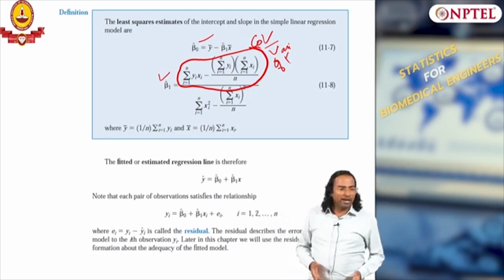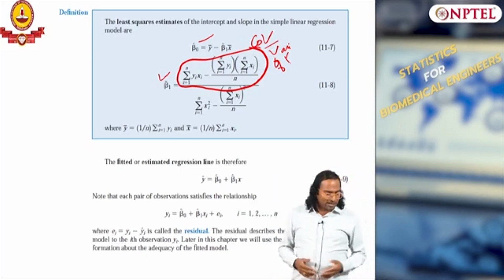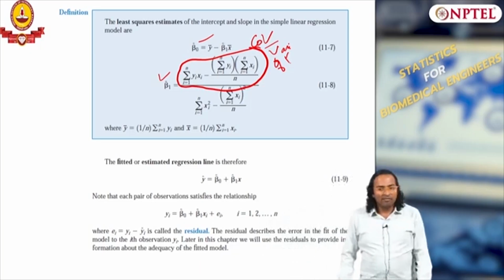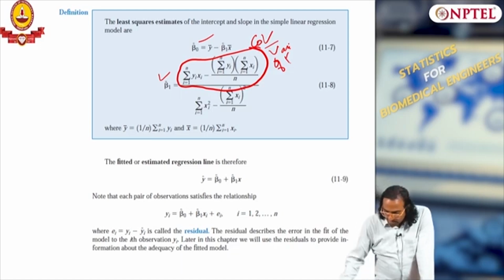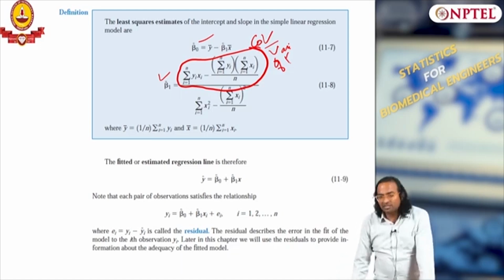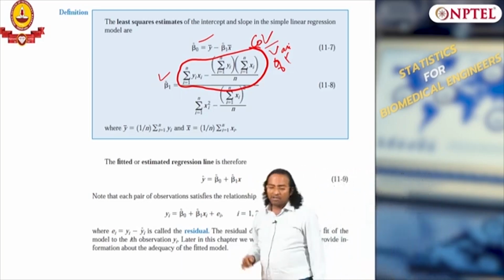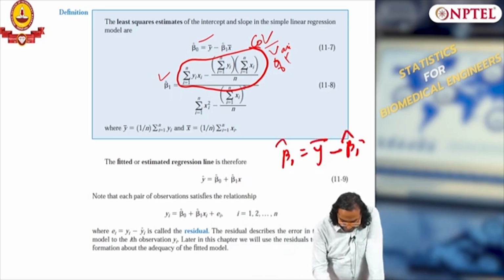Whatever is not explained by beta 1, whatever is left behind. Beta naught hat is y bar minus beta 1 hat x. The difference between the average and what is explained by x is your beta naught.